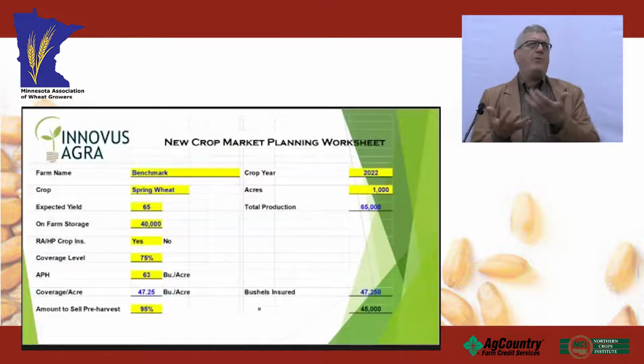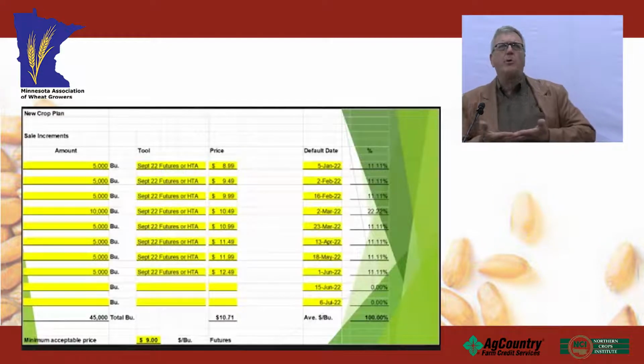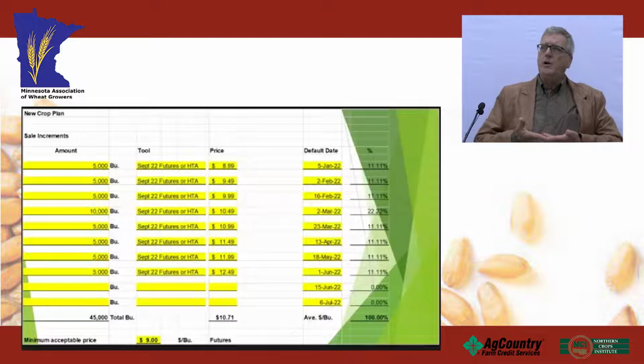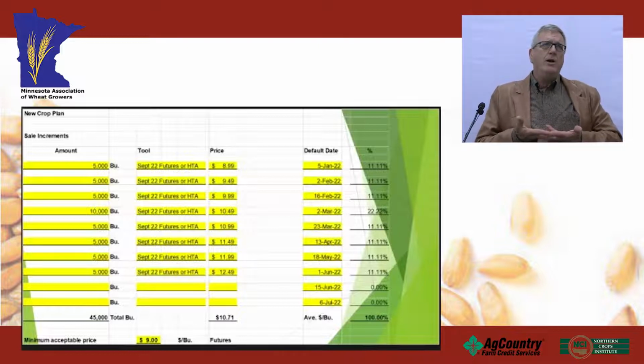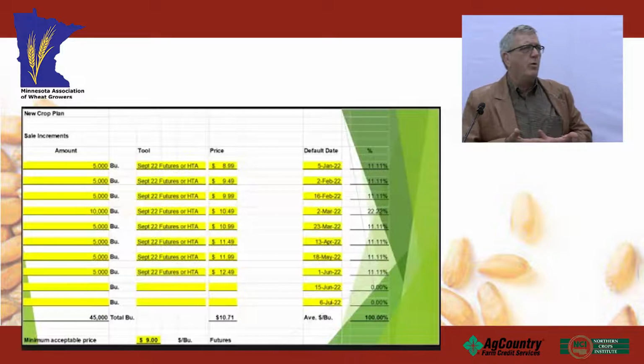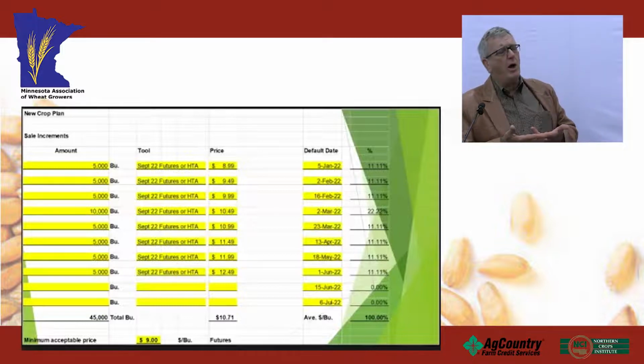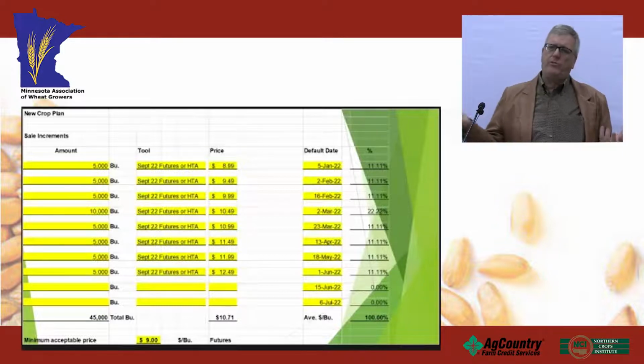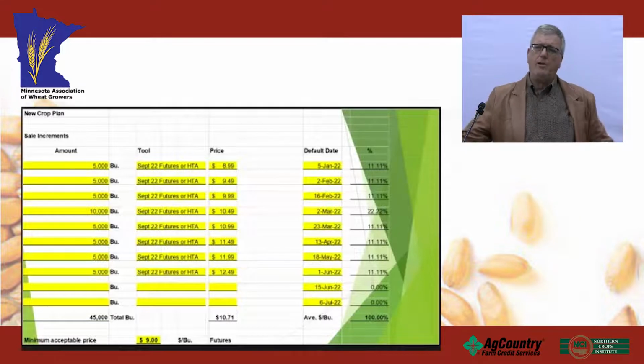Now, keep in mind that everybody's going to have a different cost of production. And you want to make sure that your initial sales are going to be at least a break-even sale when you're done making delivery of those products.